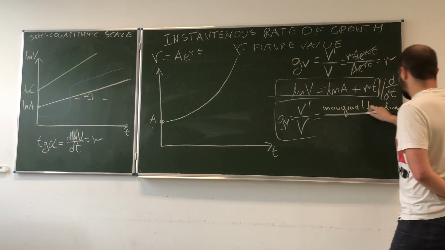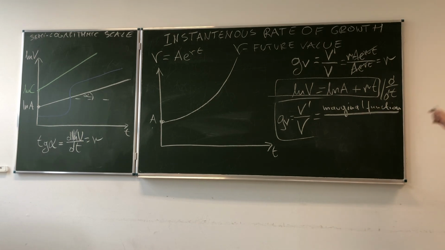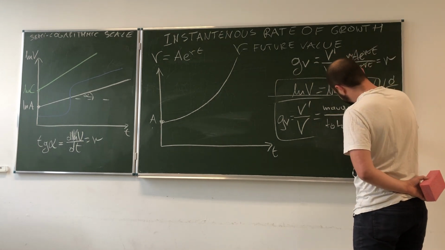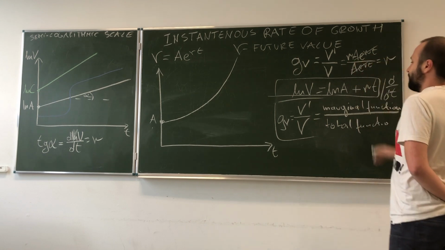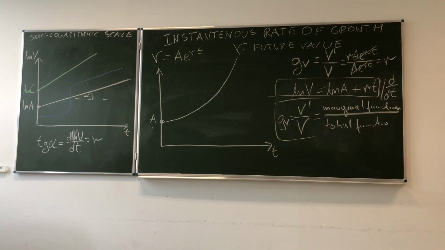And v is simply a total function. So we can also think about instantaneous continuous growth rate as a ratio of marginal to total function.